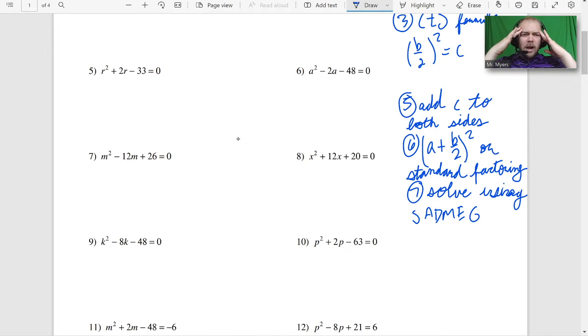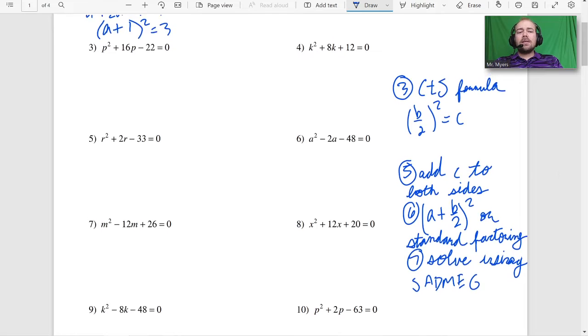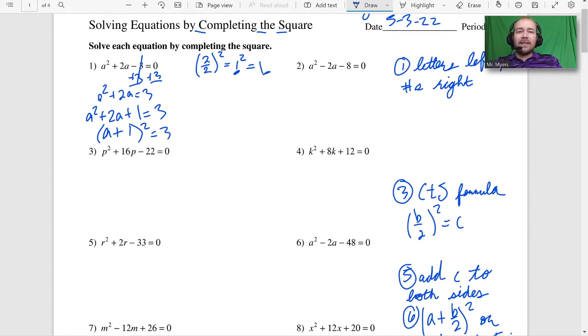Basically, if you spell it backwards, when you do PEMDAS or GEMDAS, you're simplifying. When you're doing it backwards, you're solving. You solve things normally by following that process. And that's it. That's all the steps.